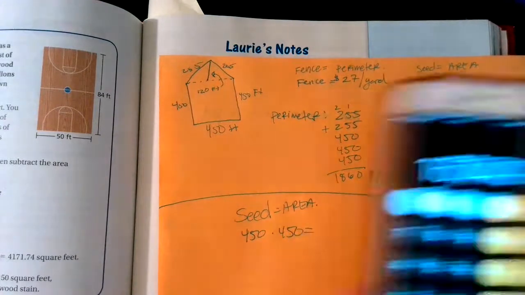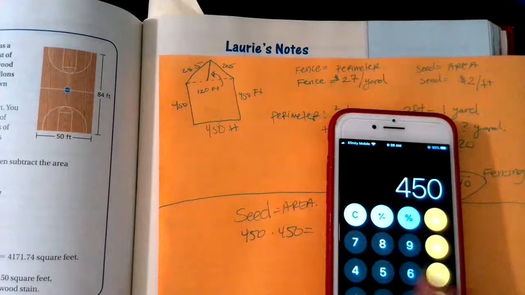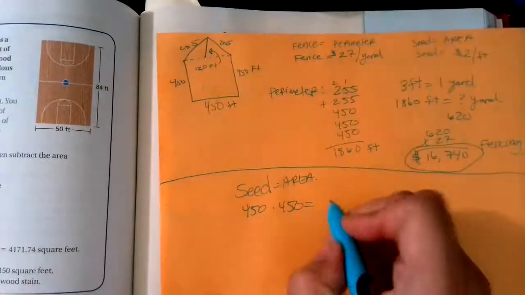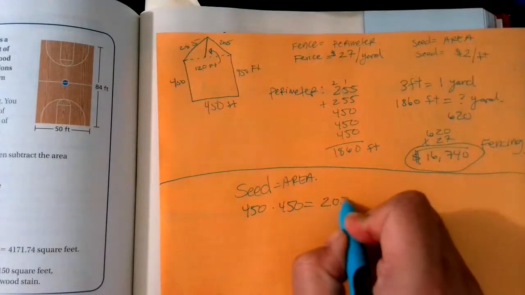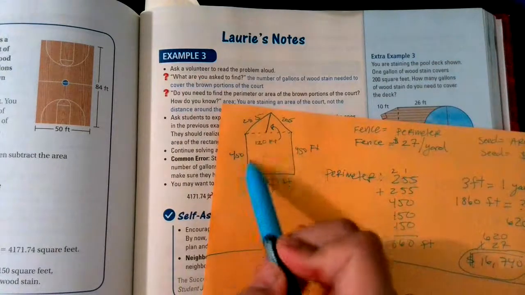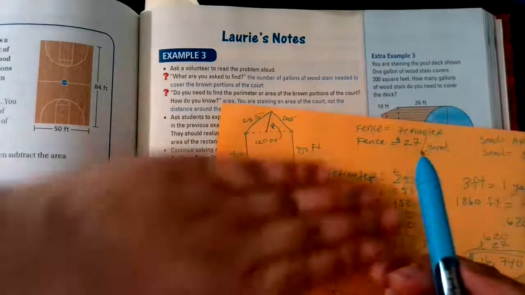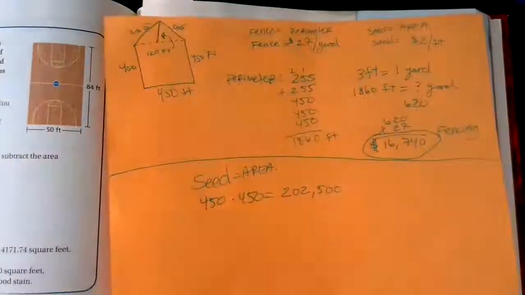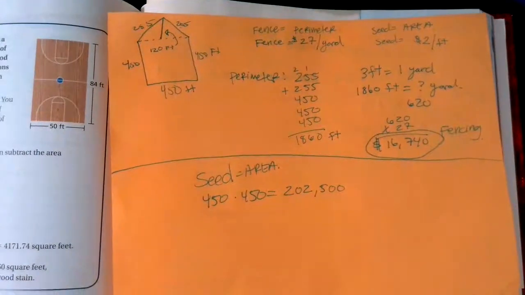which is equal to 202,500. That's a big number. So that is only the square part. We still need to find the triangular part, right? And does anybody remember the area formula to find a triangle?